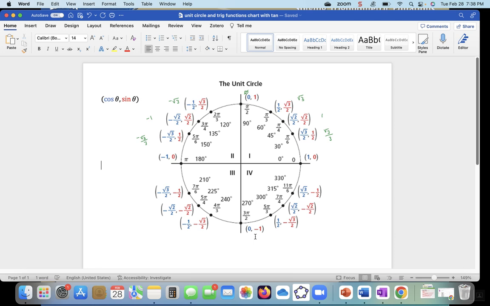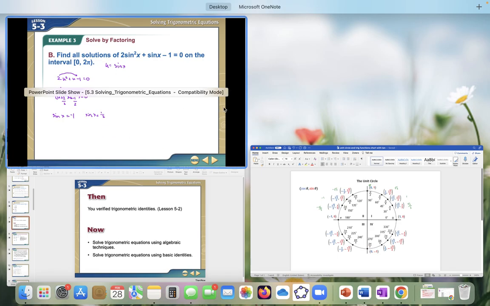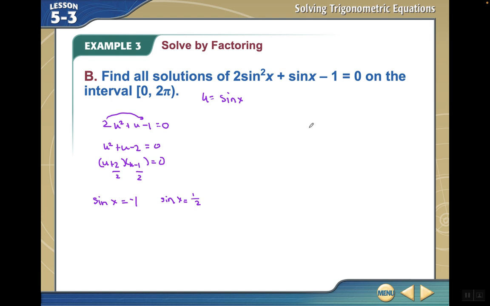So negative 1 would be at 3 pi over 2, and 1/2 would be at 5 pi over 6 and pi over 6. So 3 pi over 2, and then we have pi over 6, and 5 pi over 6. So that would be my answers.